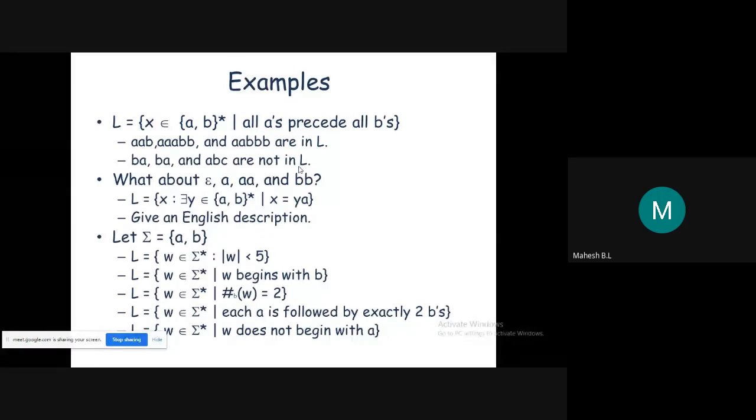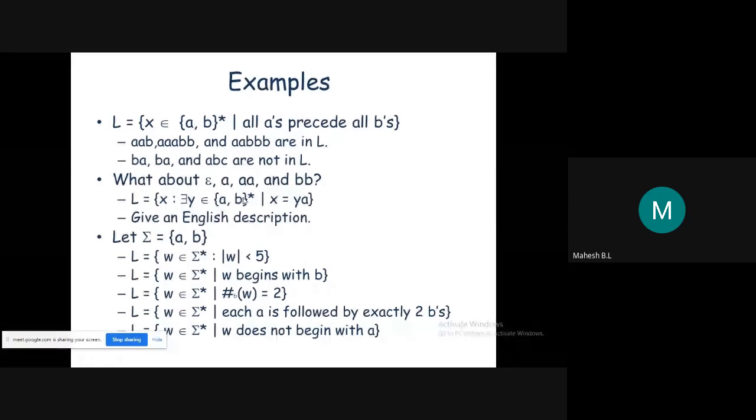Now, see next language L is equal to X. What is X? X is equal to YA, for each Y belongs to A comma B whole star.